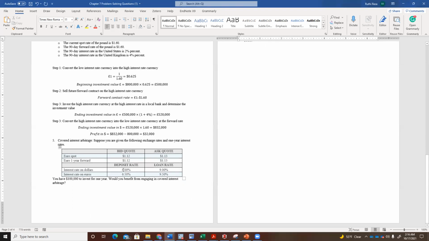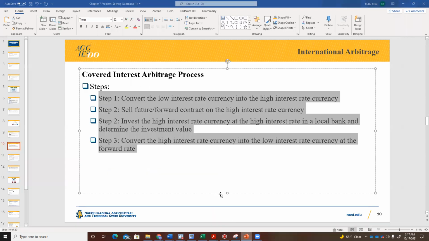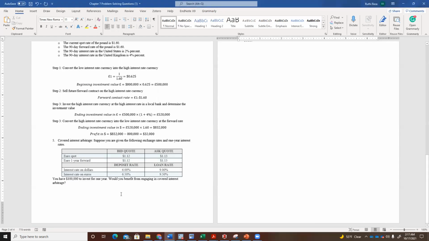So you can see here, we can get a high interest rate in a foreign country. That means we can do the covered interest rate arbitrage. Now, let us check if we make any profit from this arbitrage once we consider the bid and ask spread.